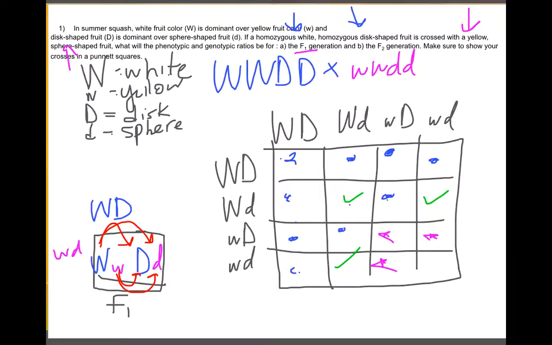So the last one. So the phenotypic ratio for this would be 1, 2, 3, 4, 5, 6, 7, 8, 9. 9 to 3 to 3 to 1 ratio.